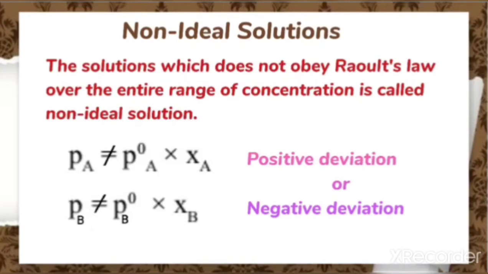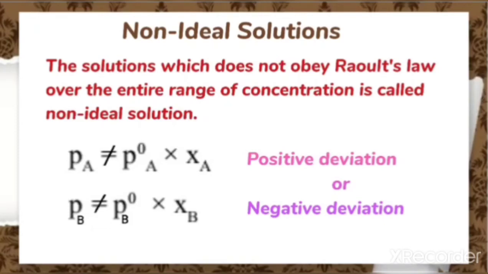If it is not obeying Raoult's law, the value may be higher, and that deviation is called a positive deviation. If we get a lower value, then it exhibits a negative deviation from Raoult's law.